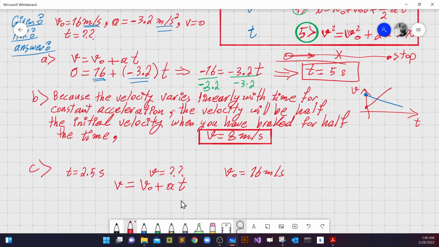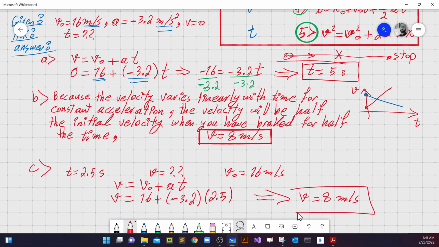Since we don't have distance, we use this equation once again. So the final velocity is equal to v0, which is 16, plus the acceleration, minus 3.2, times the time, half of the time, 2.5. After plugging this into the calculator, we get the same answer, which is 8 meters per second.